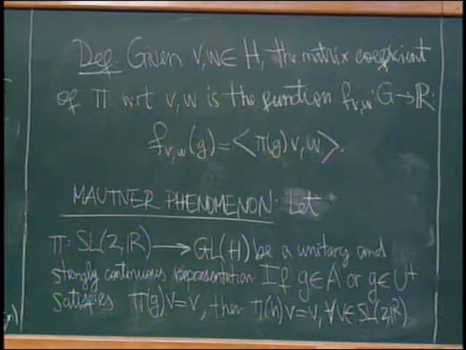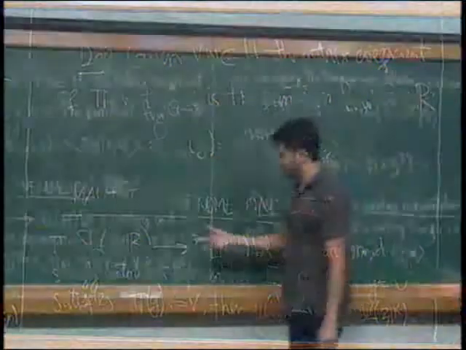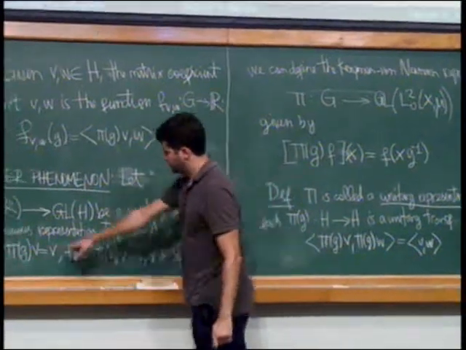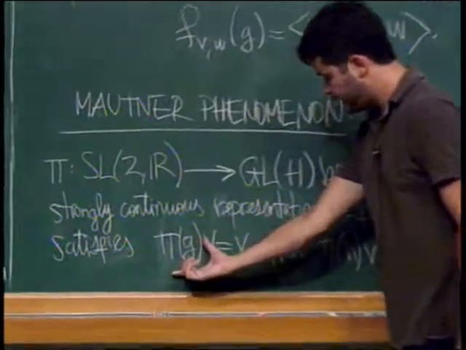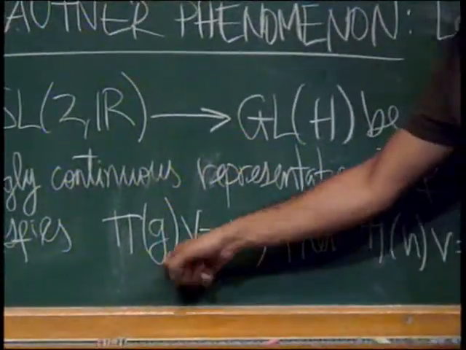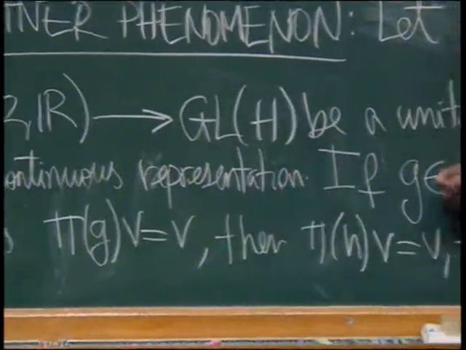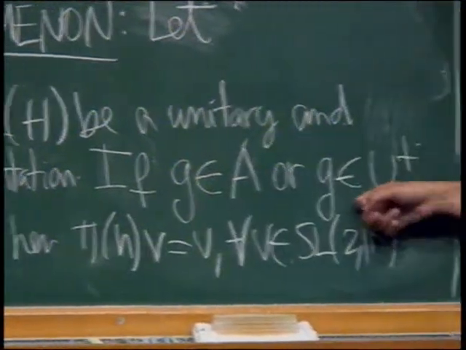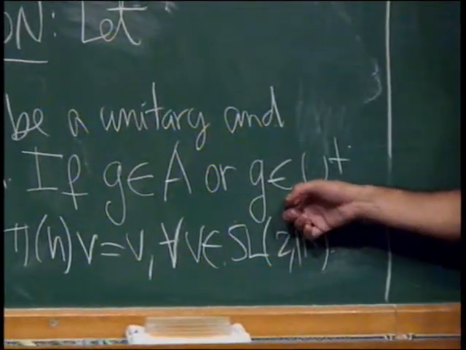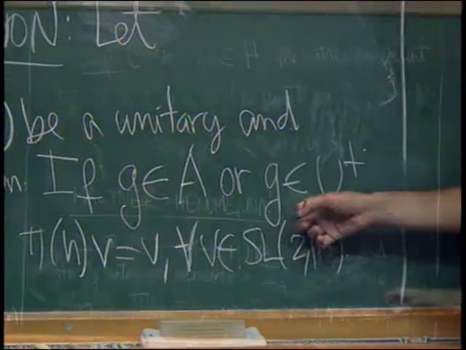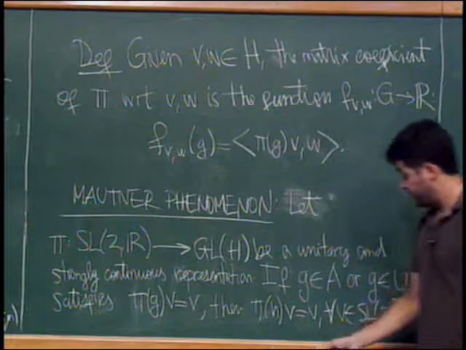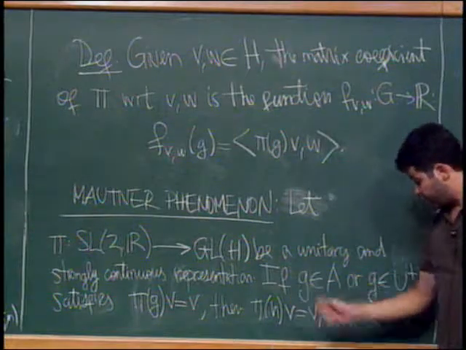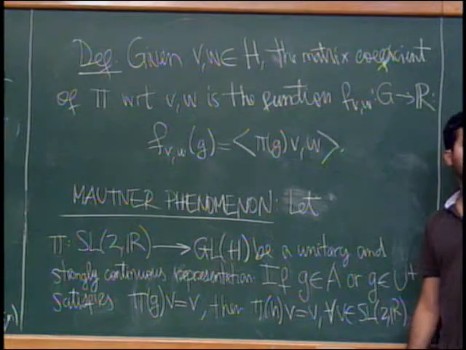Remember that I said that Mautner phenomenon is something that gives you extra invariance. So the extra invariance is exactly this. You are assuming that you have a vector in H which is fixed by the linear transformation associated to an element g, and the assumption is that g is either diagonal or is in the unipotent subgroup. And the conclusion is that this vector v should be fixed not only by g, but by every element of SL2(R). Okay?